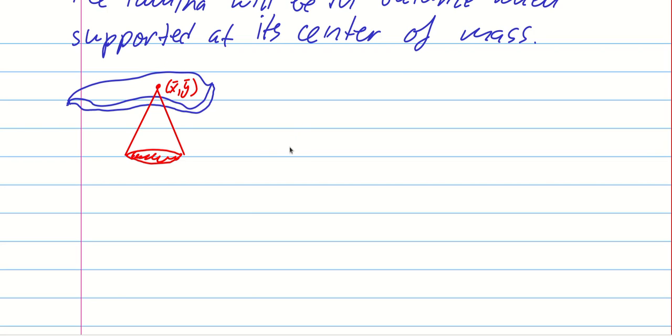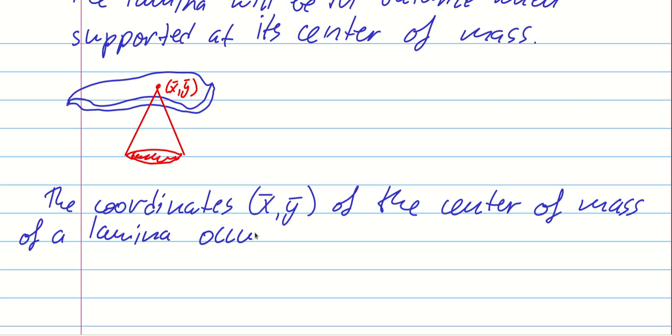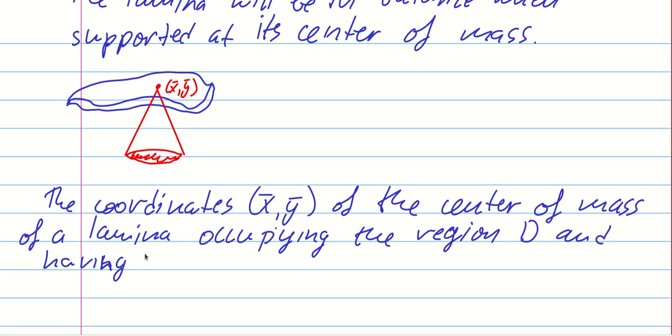Alright, so the last thing left is to figure out this x bar and y bar. So the coordinates x bar and y bar of the center of mass of a lamina occupying the region D and having density rho, which is a function of x and y.